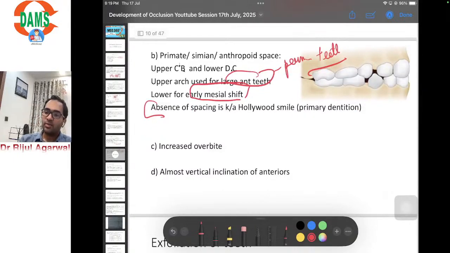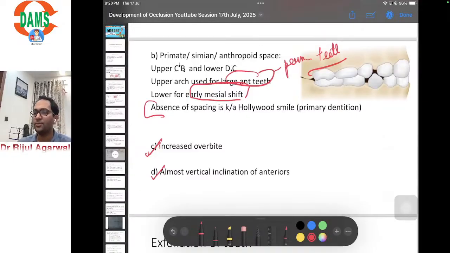Okay, now as the primary teeth erupt, earlier in the predentate stage there was a complete overjet and anterior open bite. Now there is an increased overbite because of the vertical inclination of the anteriors. So another MCQ, a mother reports in your clinic with a child of 2, 3, whatever age before 5 years, with a complaint of increased overlap between the anterior teeth or anything.